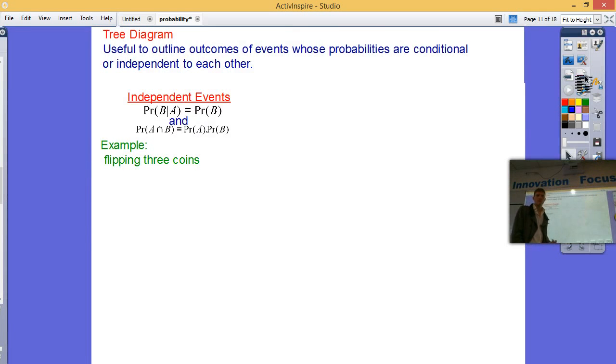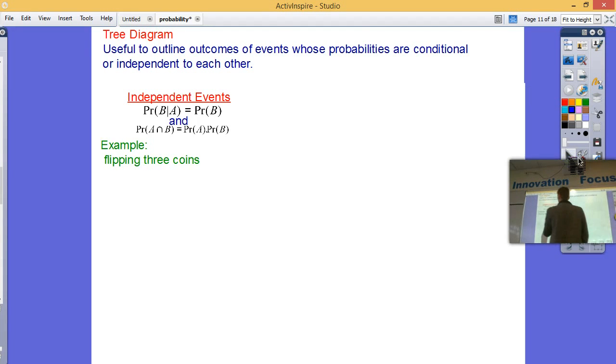So tree diagrams are also a very fundamental and useful graphical representation for probability. And we want to use them particularly when we have conditional probability, or we have independent events as well, which is, in a sense, unconditional probability.